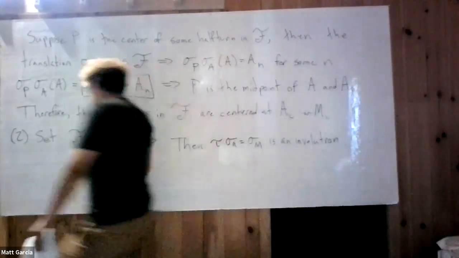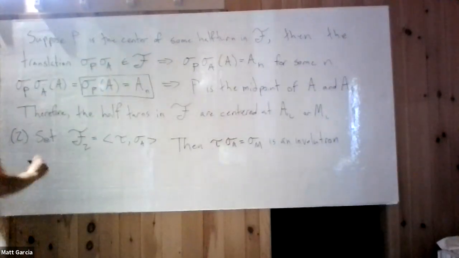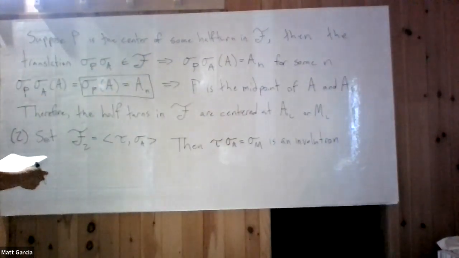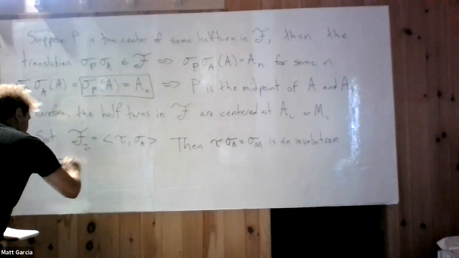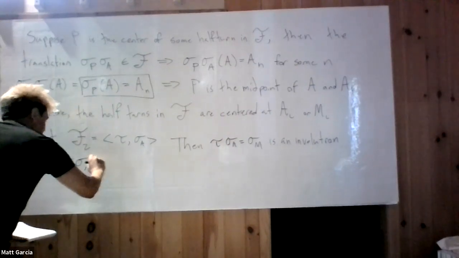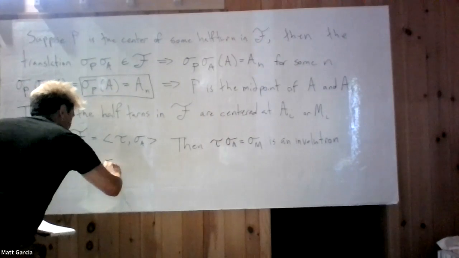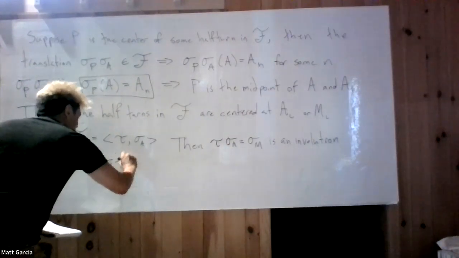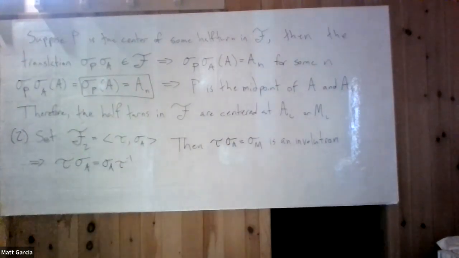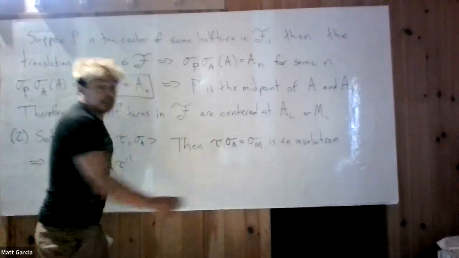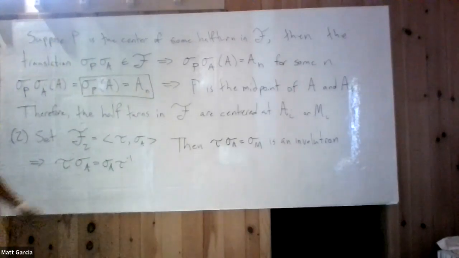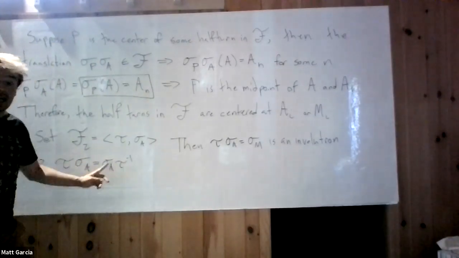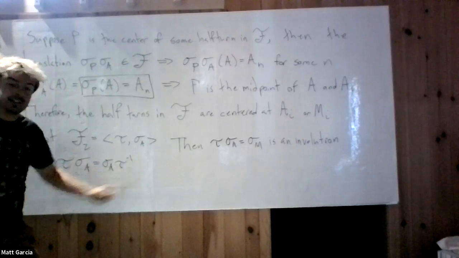So what does that tell us? It gives us the somewhat useful equation that tau sigma A is equal to sigma A tau inverse. That is to say, if I invert this product, I just take the reverse order and take the inverse of each factor.